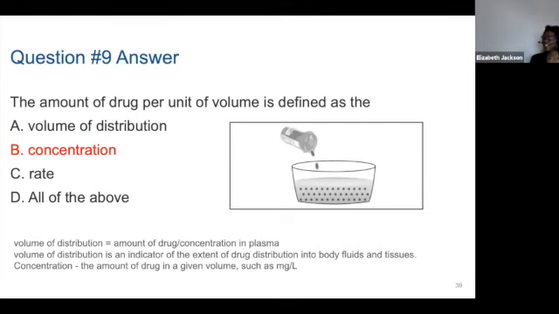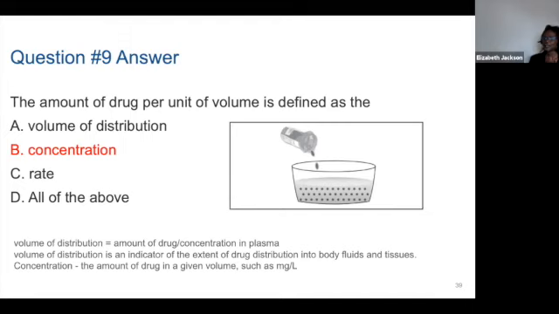So what you see depicted in this figure here is if you take a drug, let's say it's powder, and you put it in a bowl of water, as you add the drug to the water, the concentration is going to increase. So volume of distribution is going to be the amount of drug divided by concentration in the plasma.